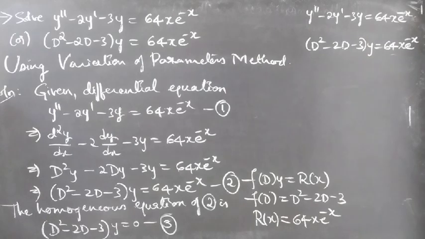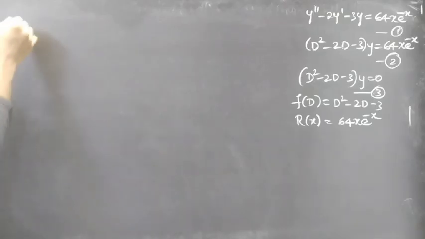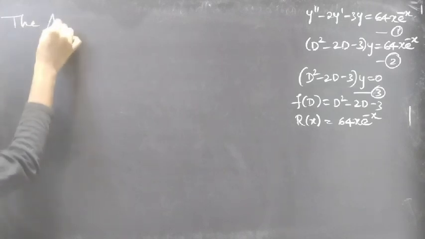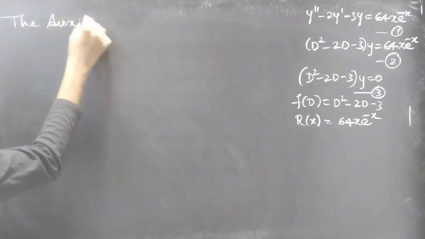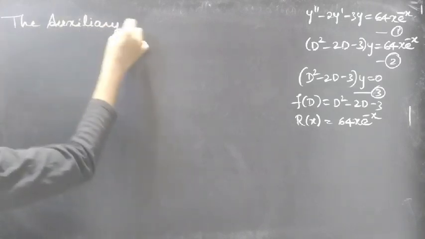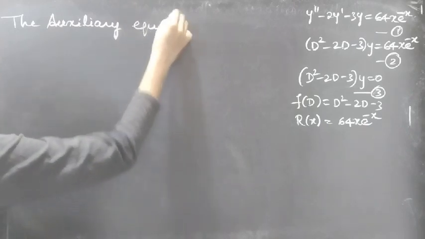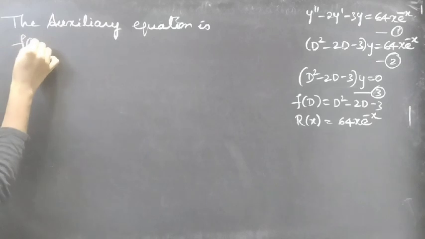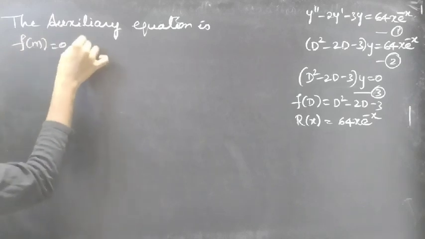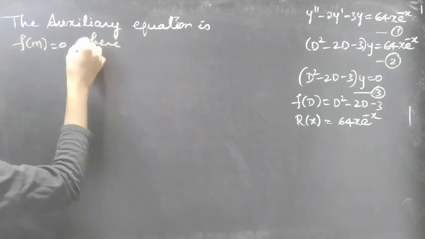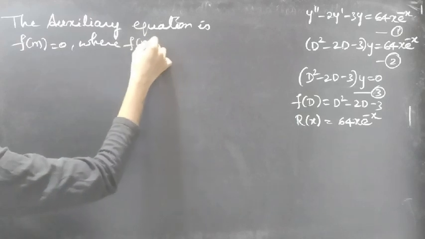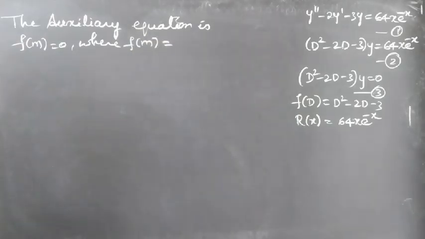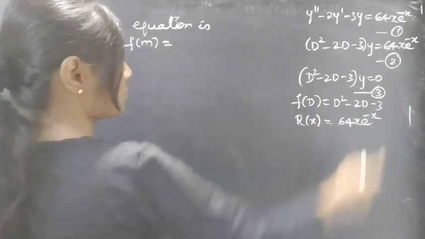Okay. Now coming to the auxiliary equation. The auxiliary equation is f of m equal to 0, where f of D is D square minus 2D minus 3, right?